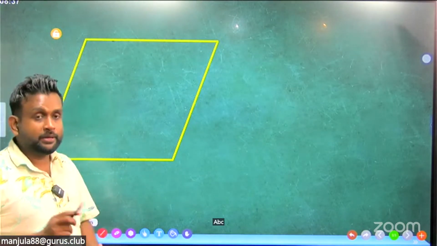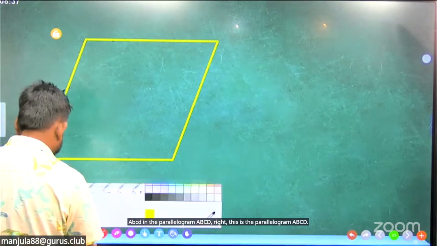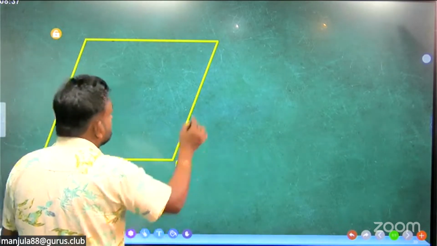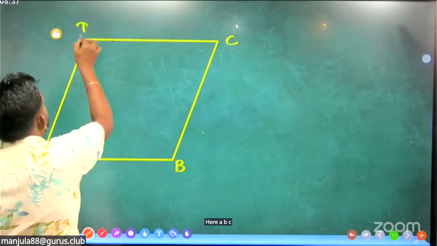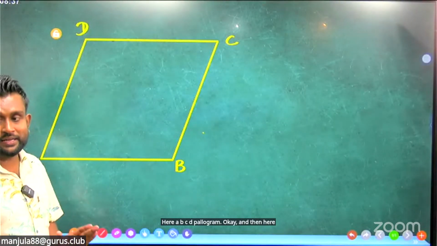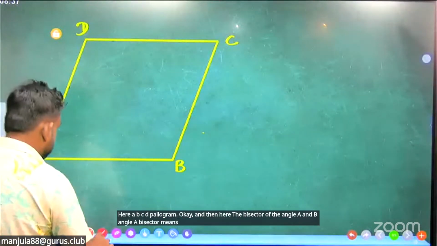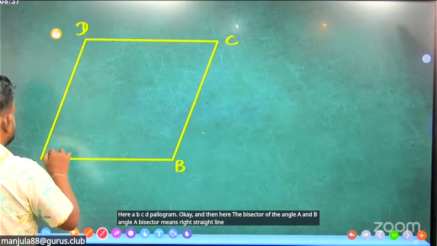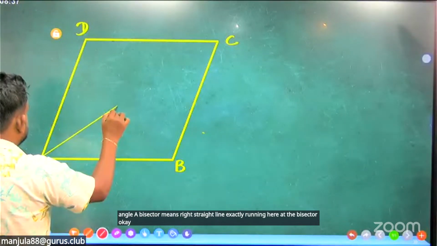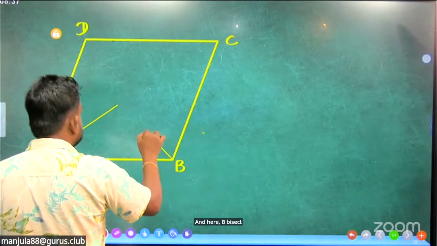In the parallelogram ABCD, this is the parallelogram ABCD. And then here the bisector of the angles A and B. Angle A bisector means a straight line exactly running here as the bisector. Okay, this is the bisector, and here the B bisector means here the bisector.